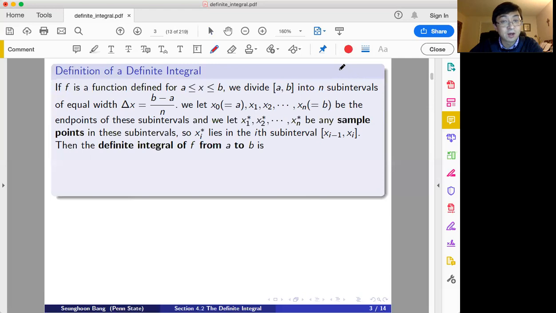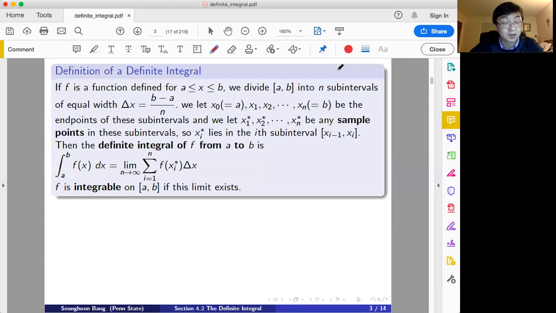The definite integral of f from a to b, integral from a to b of f of x dx, equals the limit as n approaches infinity of the summation from i equals 1 to n of f of xi star times delta x. The function f is integrable on [a, b] if this limit exists.